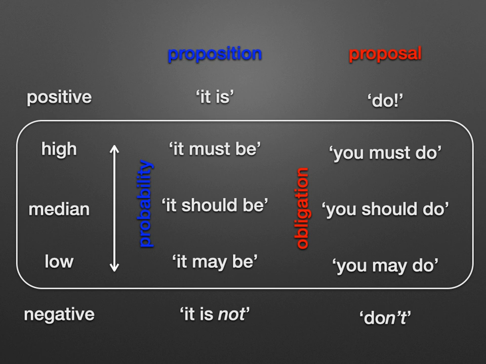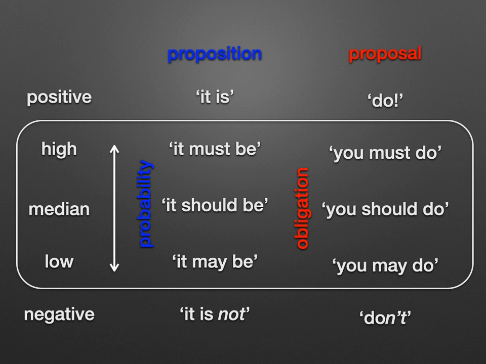So we've looked at this, the modality of propositions, modalization, and the modality of proposals, modulation. So in the modality of propositions, you have this intermediate space, the continuum between it is and it isn't.